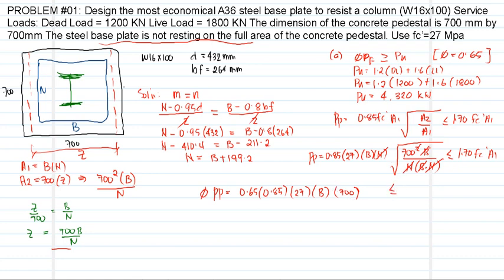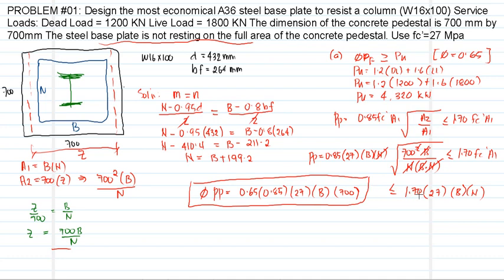Okay, this should be less than or equal to 1.70 times our FC prime, that is 27, and our area 1, which is B times our N. Right? B times our N. Okay. So, let's first solve this equation, then compare our value here to see which value you will take for the nominal strength.